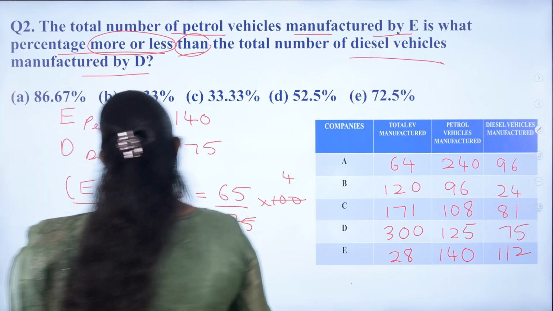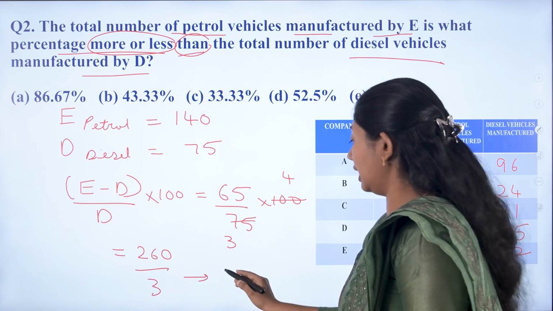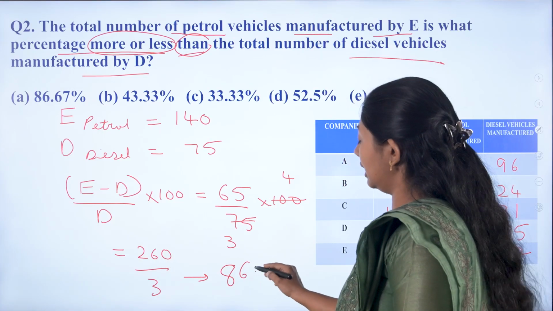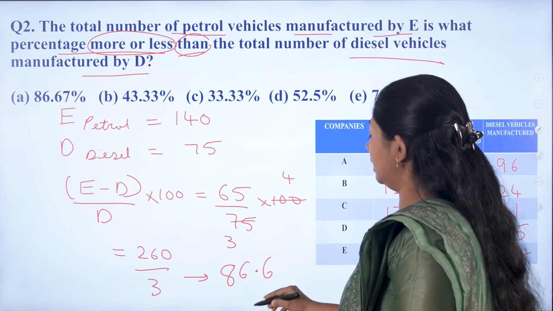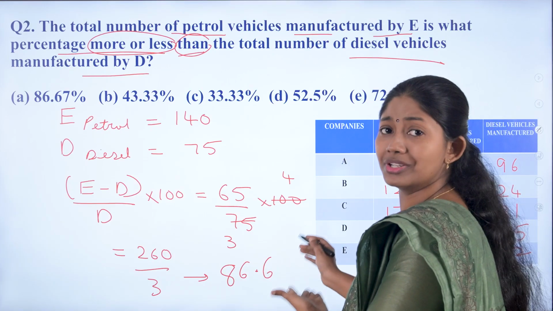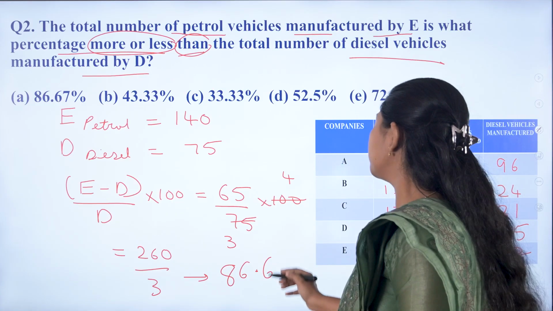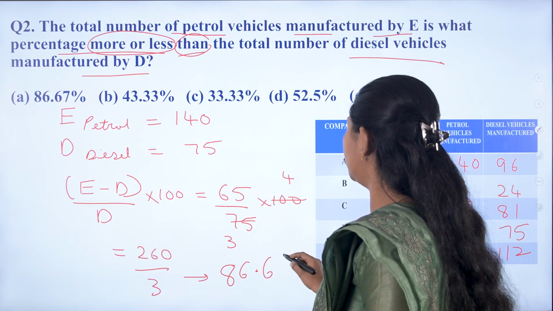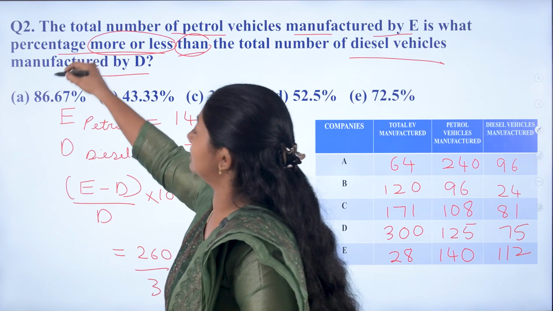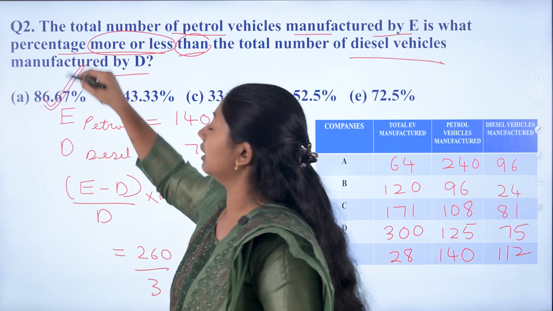That means if you want, you can divide, 3 8s are 24, 3 6s are 18, again 3 6s are 18, and so on. If you round it off, you will get 86.6666, and so on. It's recurring. So if you round it off, you can say 86.67%. This is the answer, option A.